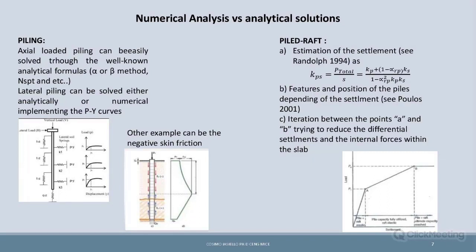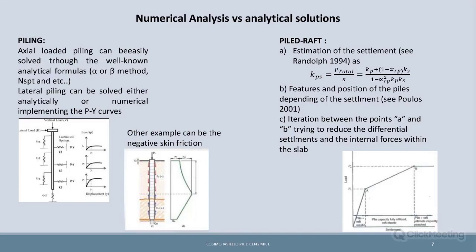Another good use of numerical analysis is to evaluate the negative skin friction. The classical example: according to the Eurocode, negative skin friction has to be avoided as far as possible, but in some cases it is very difficult.